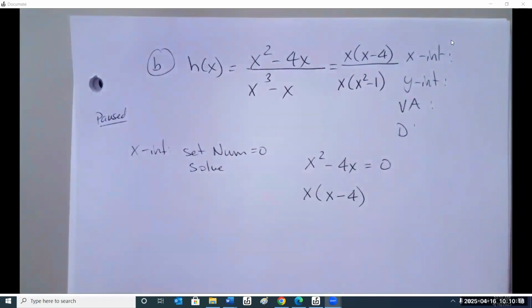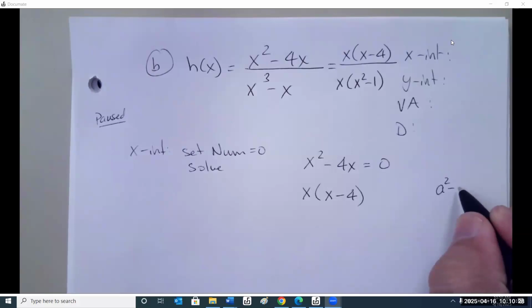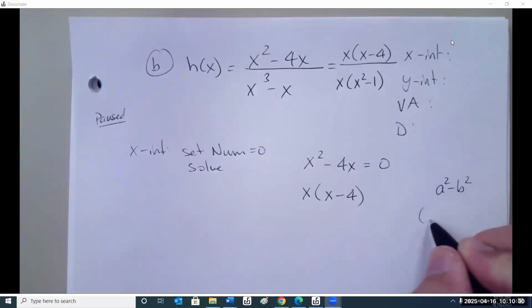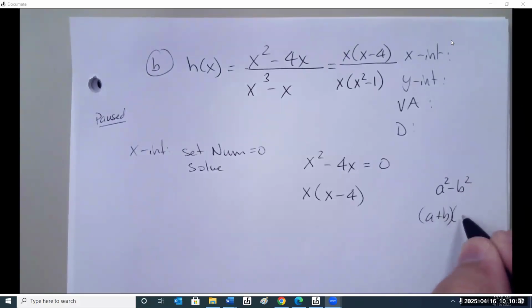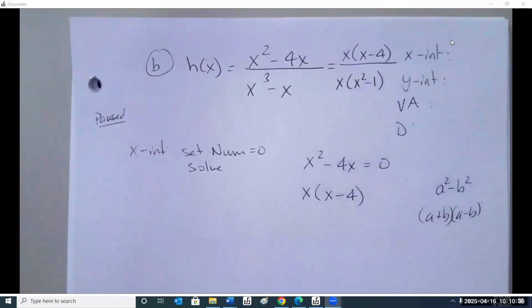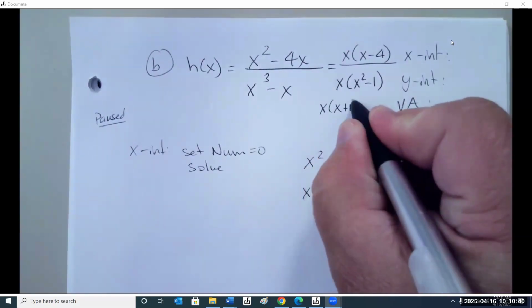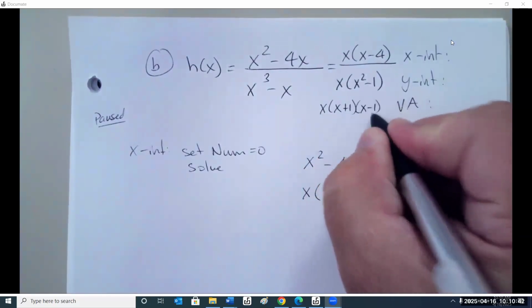Can we factor that one any further? A squared minus b squared is a plus b, a minus b. This is the same as x squared minus 1 squared. So it's going to be x plus 1, x minus 1 on the bottom.